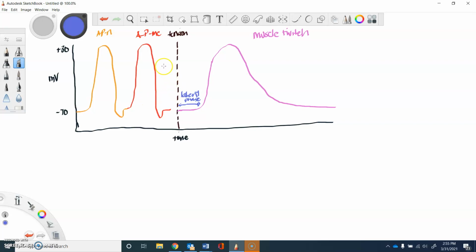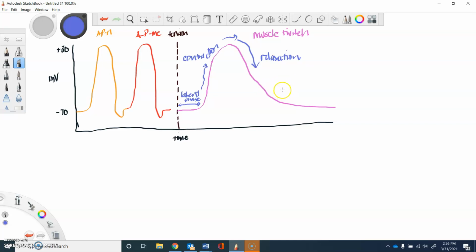That's occurring there. And once that happens, then we get the phase of contraction. And the phase of contraction lasts up to about there. And then we enter the phase of relaxation. And that creates a muscle twitch.